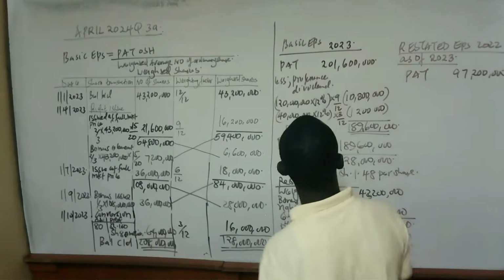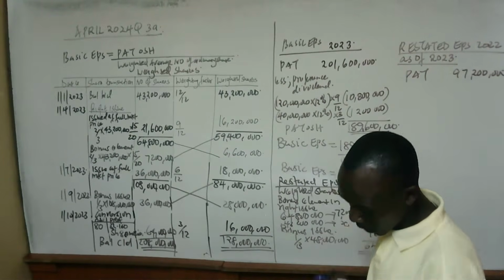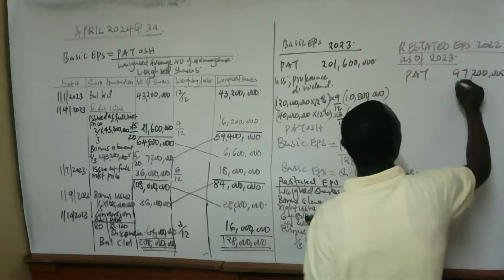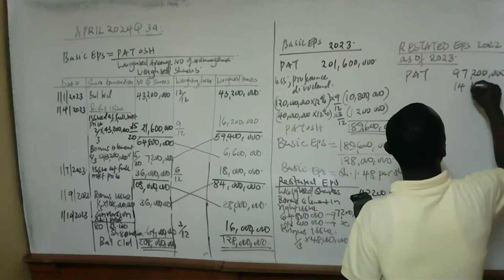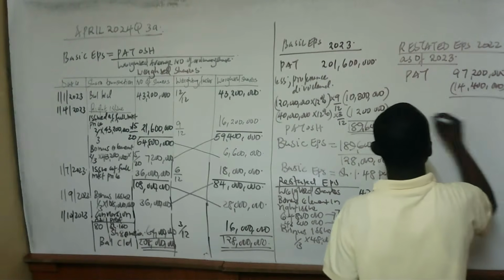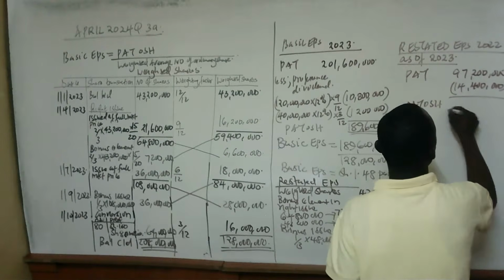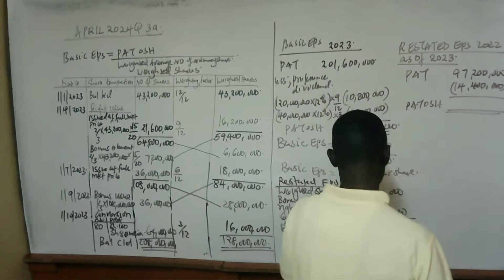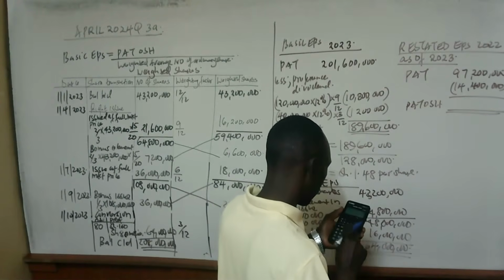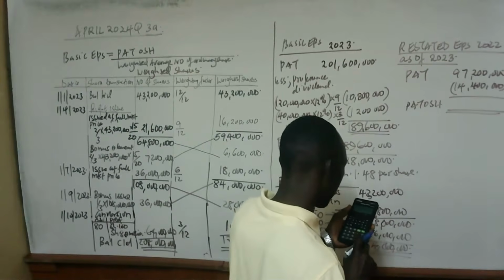The preference dividend from the total. The total was 120 million, then we multiply by 0.12. Therefore, we are going to get here 14,400,000. So therefore, our profit attributable to ordinary shareholders will be how much? In this case, it is going to be 97,200,000 minus the answer.